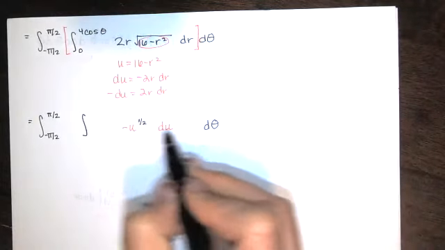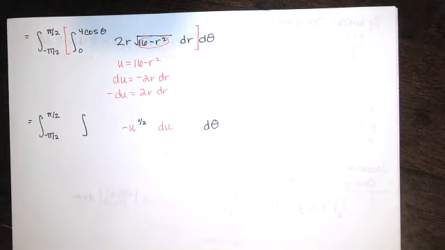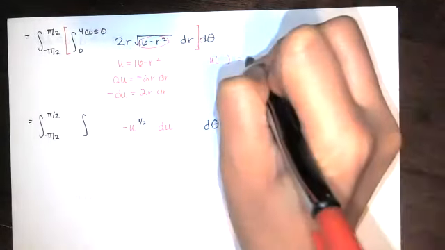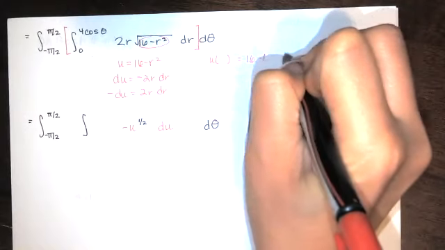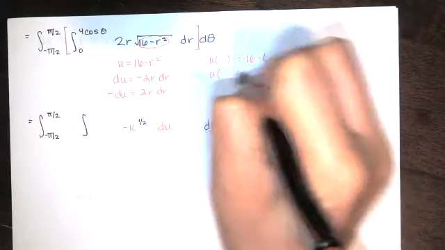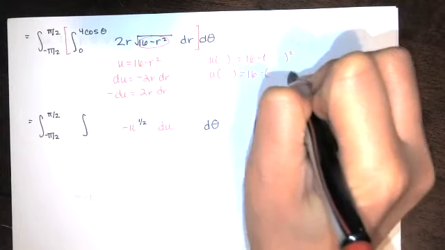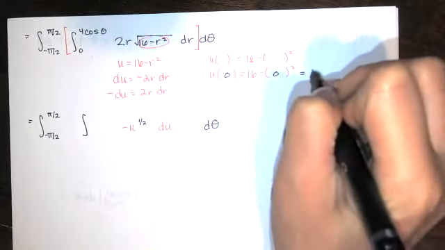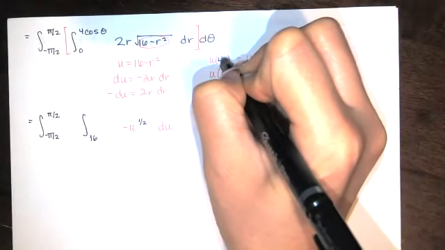And since this is now an integral in terms of u, we need new bounds. So I will evaluate u at the upper bound for r and the lower bound for r and simplify. The lower bound is relatively easy, just get 16. The upper bound is more involved.